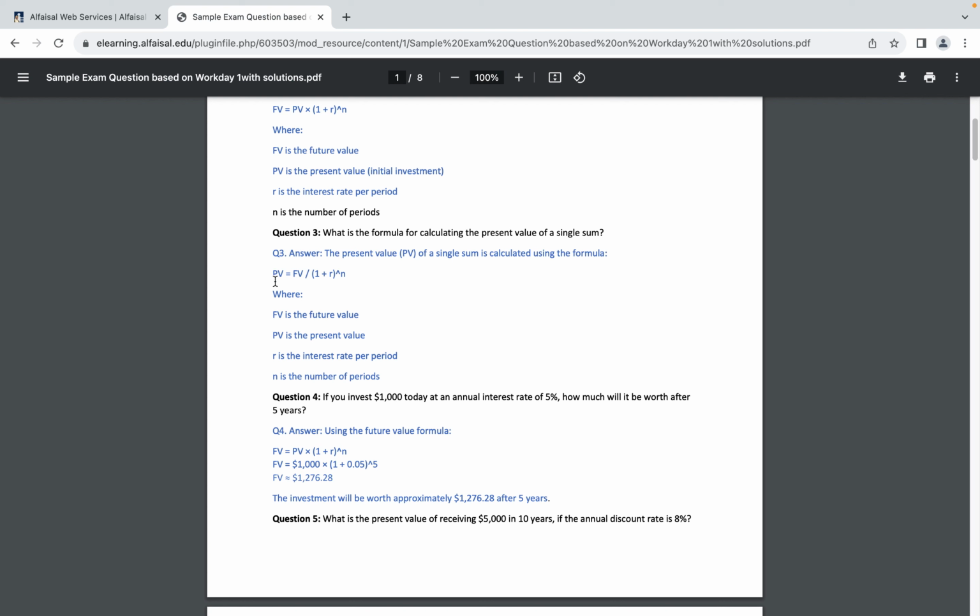So going back to question 3, if we find what is the present value of something, the present value equals the future value divided by 1 plus the interest rate raised to the power of the number of periods. Okay? It's very important that you understand whether your interest rate is quoted annually, monthly, whether your number of periods is in months or weeks or years.